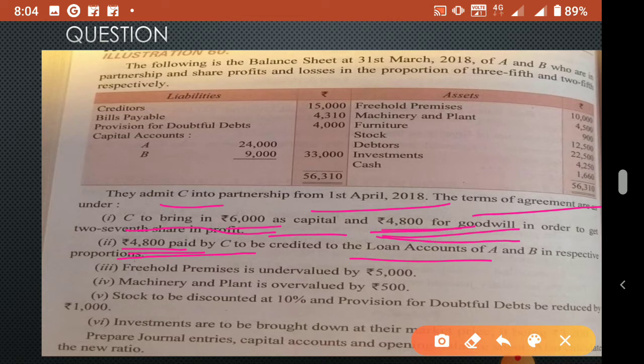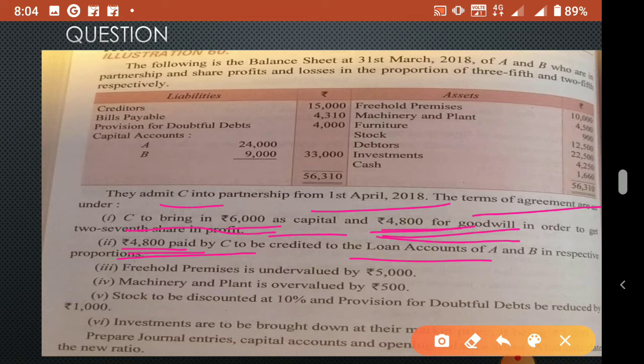But now they want it credited to the loan account of A and B. That means that much amount is put on the credit side of the loan account of A and B.